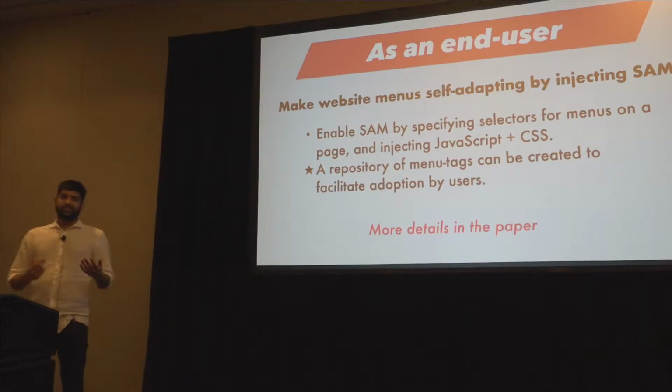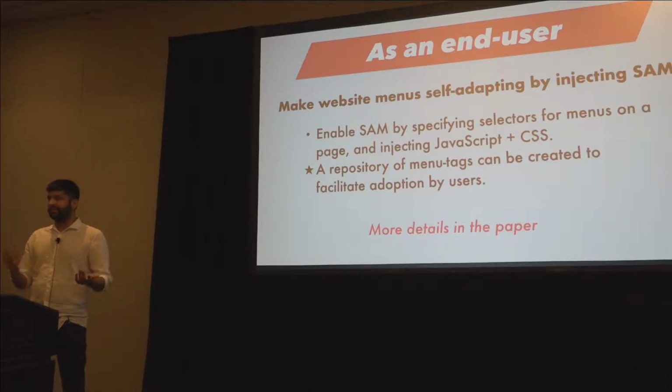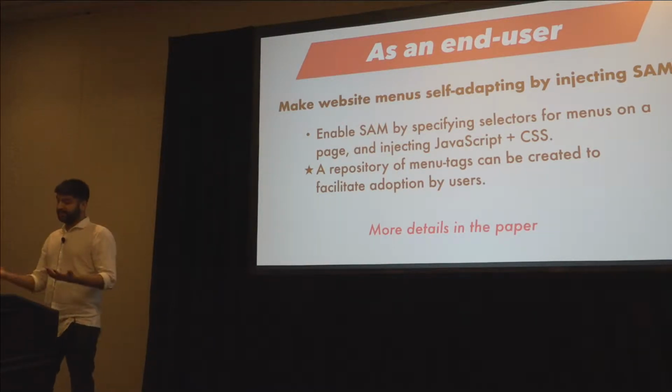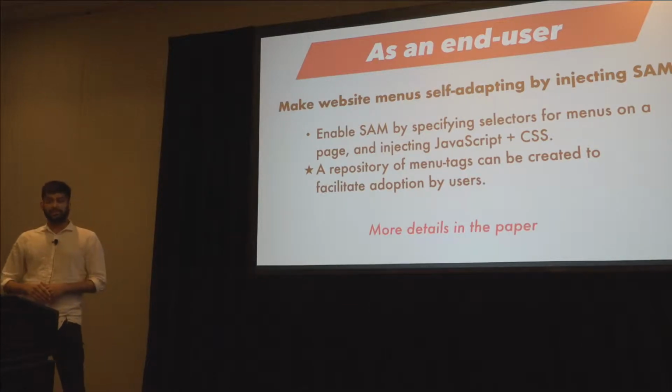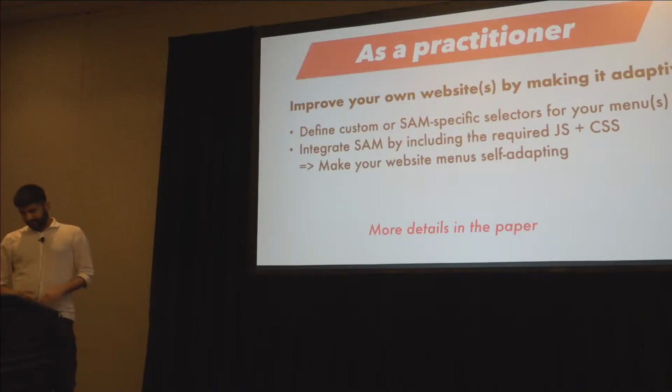This can be a bit challenging for novice users, of course, because you need to specify the selectors by inspecting the HTML and things like that, and not everyone can do that. But you could have a crowdsourced repository of different menu tags, which would then facilitate adoption by end users. There are more details about how this can be done in the paper.